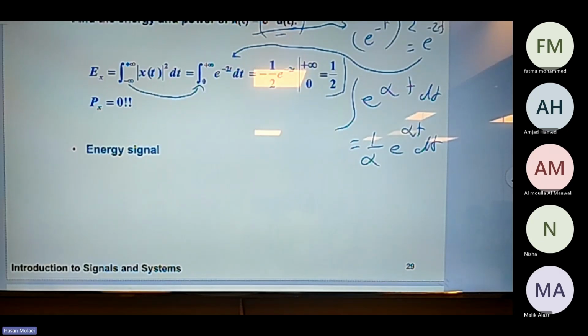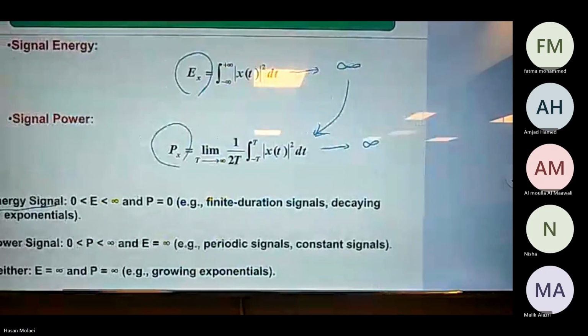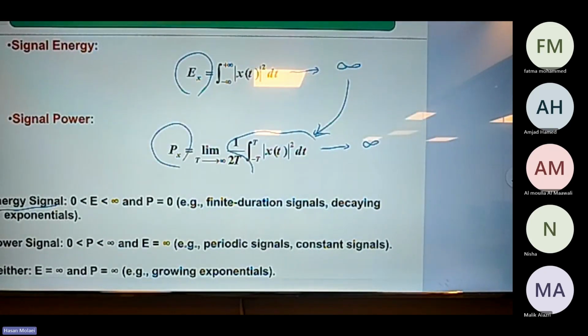When energy is limited, power for sure would be 0. Here, this value is the energy. If energy is limited, then E over 2T, when T approaches infinity, would be E over infinity, which is 0.